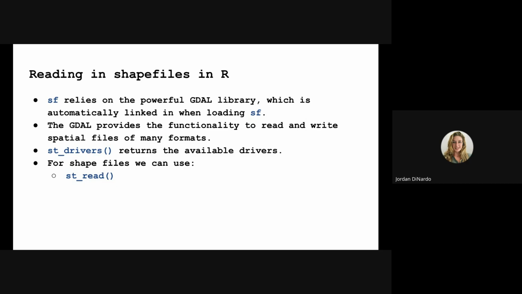This is really just happening under the hood, but this is what's reading in the shapefile. And so, really, the most important thing on this slide is the function st_read. Just like we saw earlier with read_csv, this is how you can read in shapefiles.